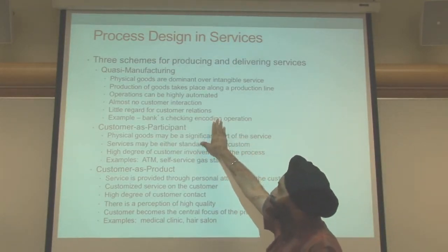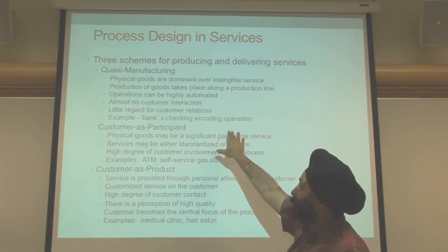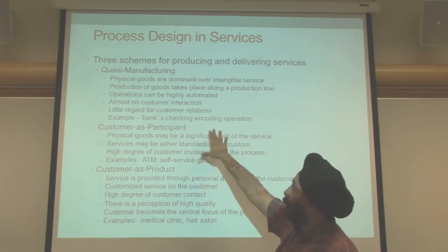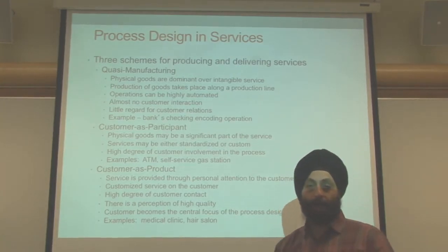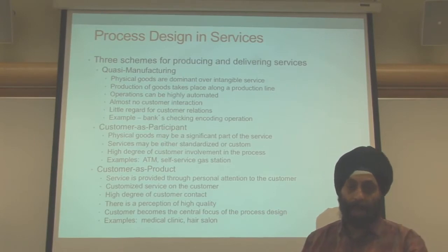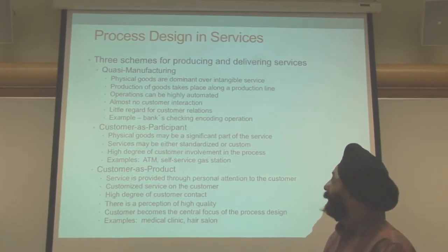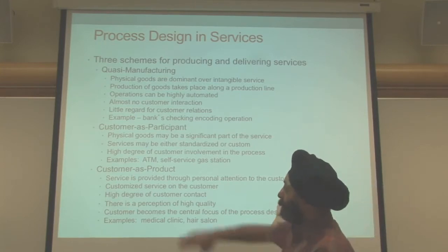Operations can be highly automated, almost no customer interaction, as I pointed out, little regard to customer relations. So a bank's check encoding operation, which is in the back office, is an example of something where customer service is minimized. And so the intangible aspects go away. It's strictly a production operation in this case.